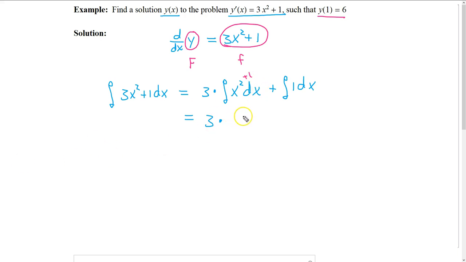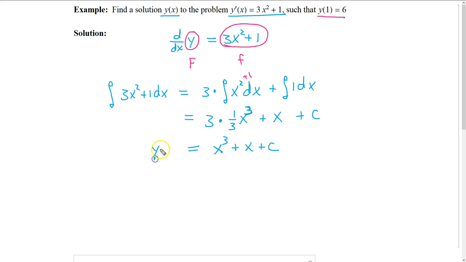So that's going to be x cubed, and then we multiply by 1/3. So here's 1 over n plus 1, x to the n plus 1 power, plus the antiderivative of 1, which is 1 times x, or just x. And then we have our arbitrary constant c. And this simplifies out, 3 and 1/3 cancel. And there we go. Now that's what our y is equal to.